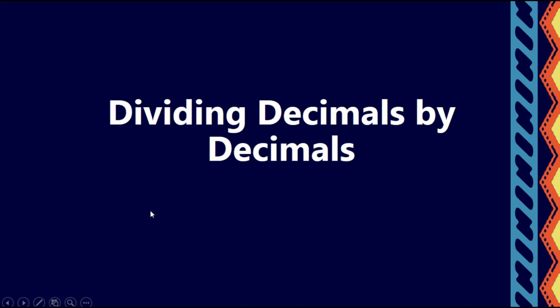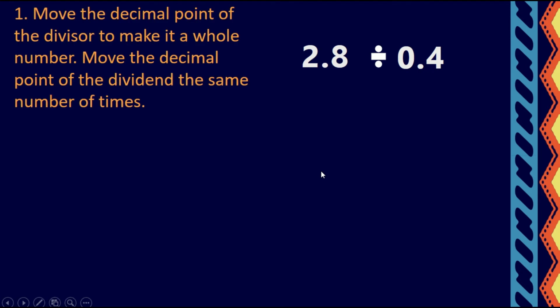Moving forward, we have dividing decimals by decimals. So we have 2.8 divided by 0.4. Both of them are decimal numbers. Step 1, move the decimal point of the divisor to make it a whole number.